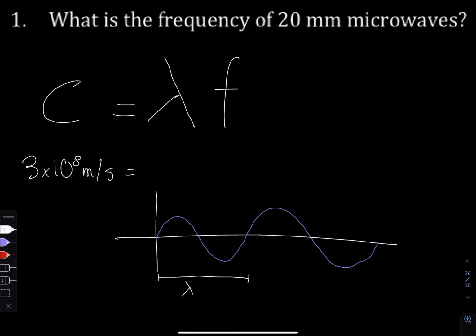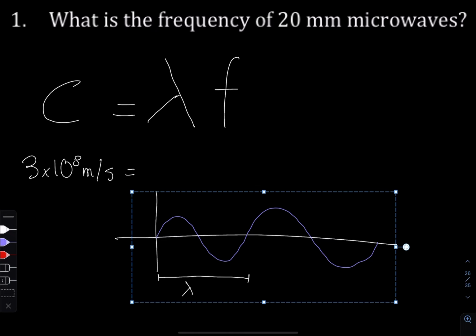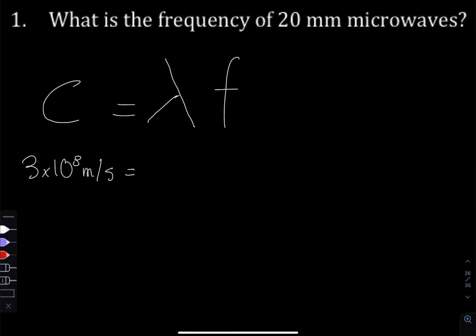And the frequency is how many cycles happen in 1 second. If you multiply those two numbers, you will get the speed of the wave, which for light is always going to be this. It doesn't have any mass, but it's got energy, and the speed is always constant.